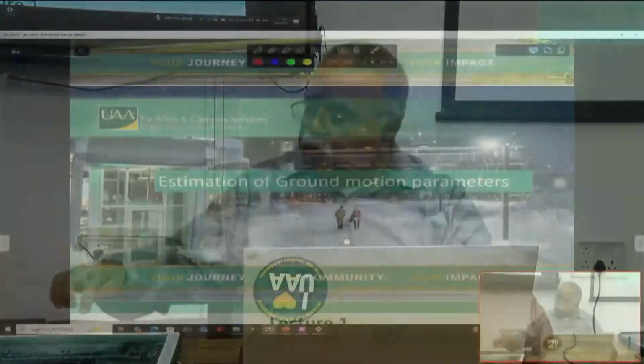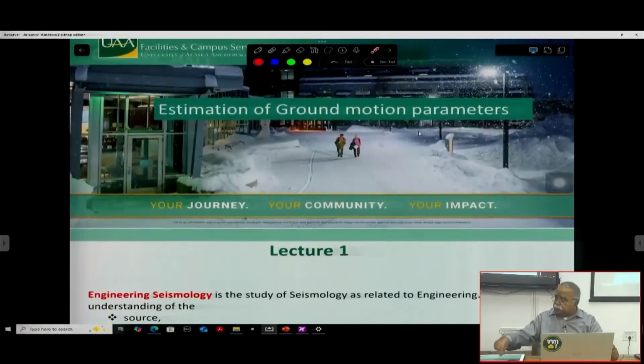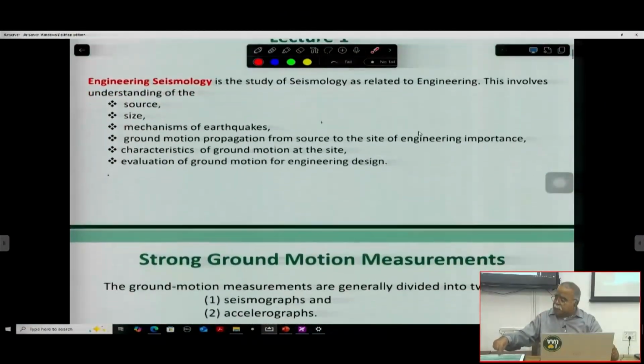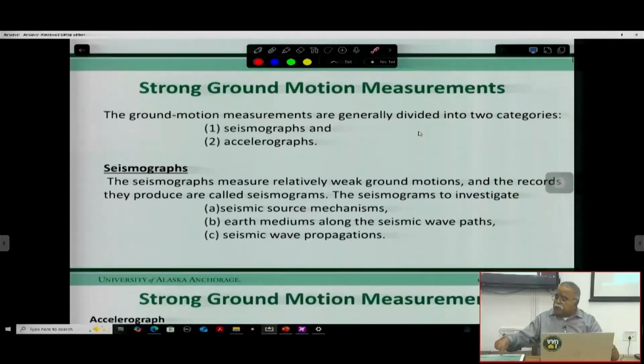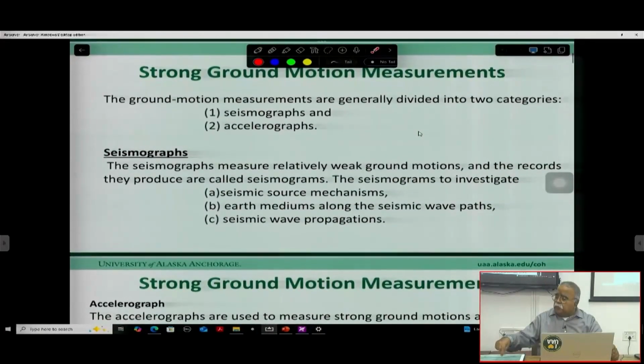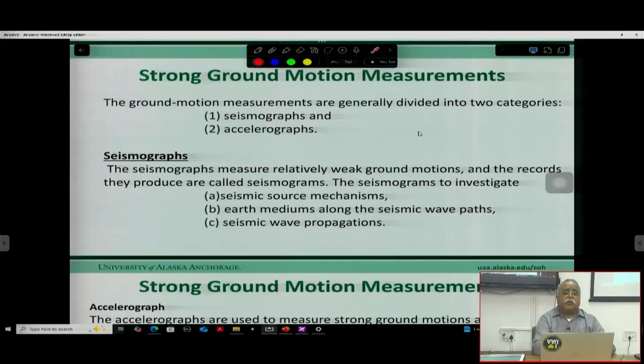But before doing that, we need to understand what we are recording and how we are recording that. First of all, for strong ground motion measurements, we basically have two categories.